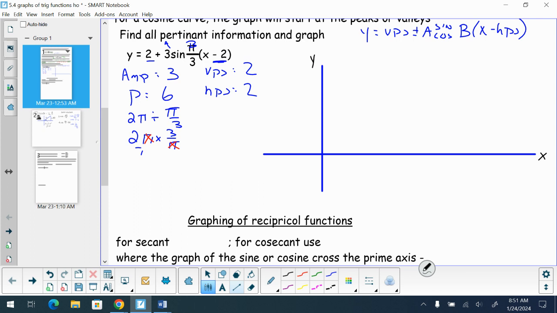We have our X and we have our Y. The nice thing about dealing with radians is we don't have to worry about big numbers, degree measures.